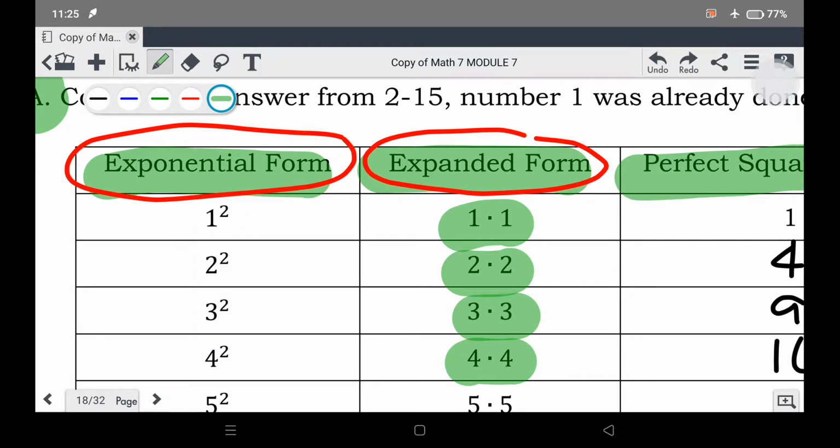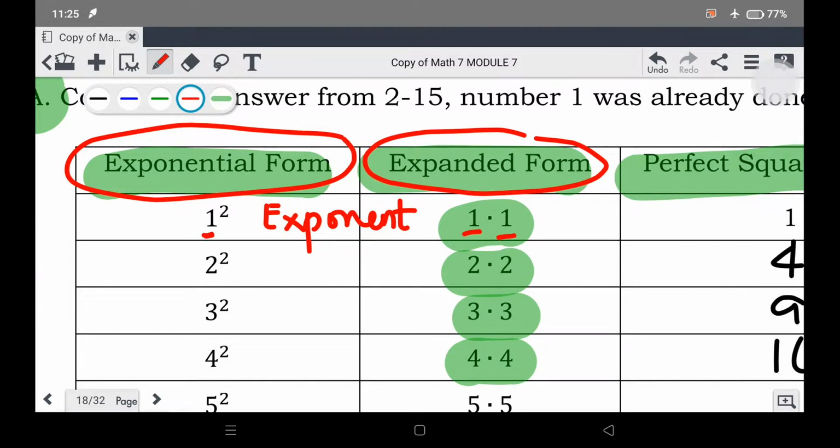This number 2 is called an exponent. It is 2 because the number 1 is repeated twice.